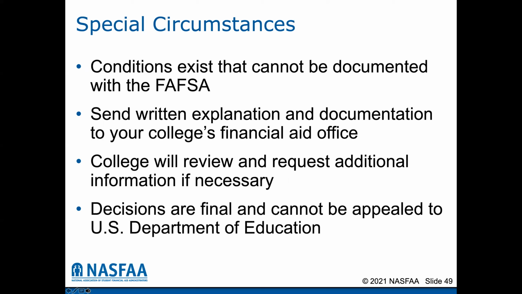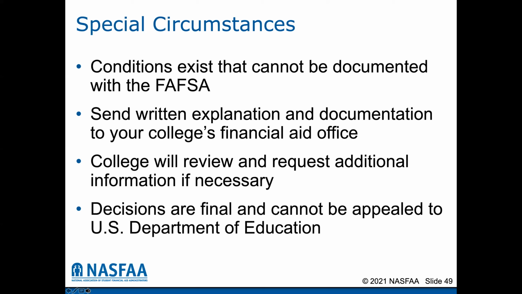What the financial aid offices need is a written explanation and documentation sent to us, because we can take a look at that and say, okay, a special condition exists. What was going on in 2020 is no longer relevant in September of 2022.